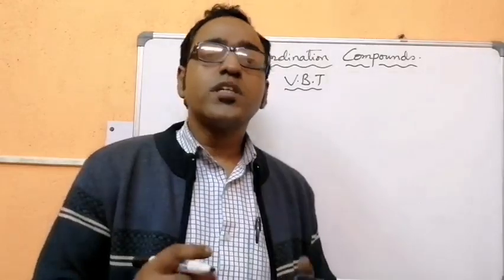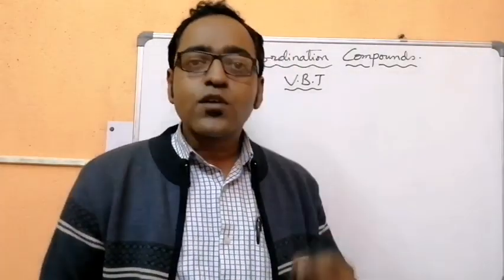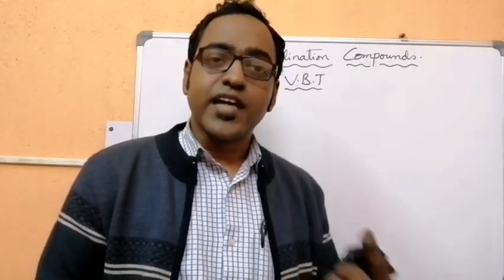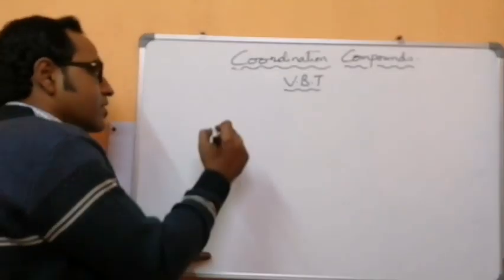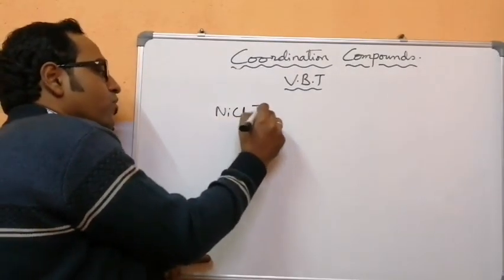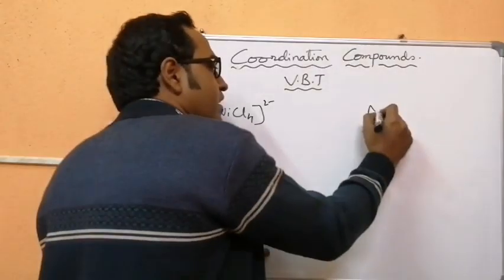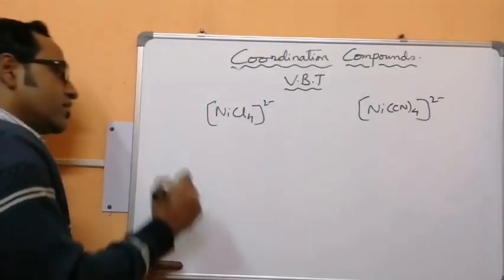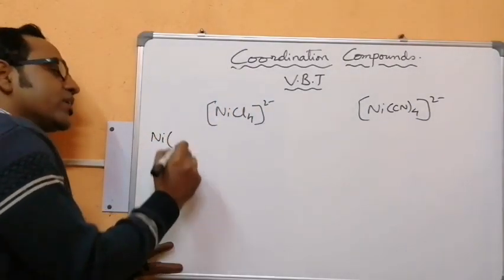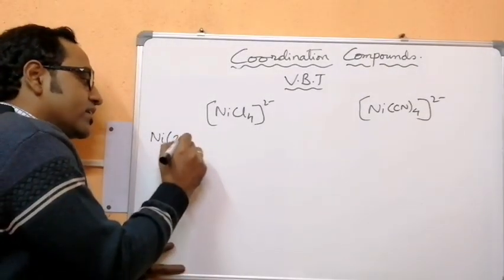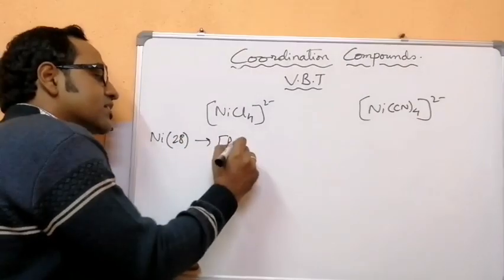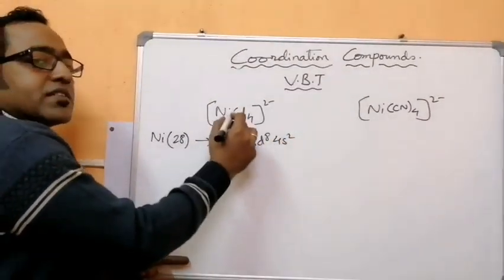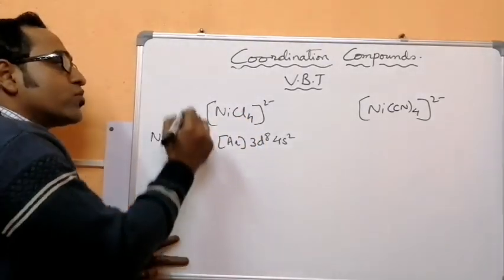Often in CBSE the question arises that nickel tetrachloride is paramagnetic, whereas nickel tetracyanide is diamagnetic: NiCl4 2- and Ni(CN)4 2-. Now we have to know the atomic number of nickel, that is 28. So its electronic configuration is argon 3d8 4s2. In this complex nickel is in the +2 state. How to calculate?